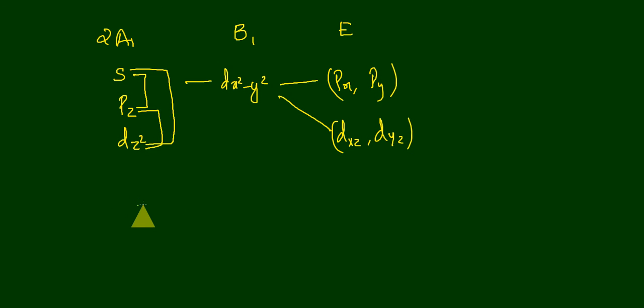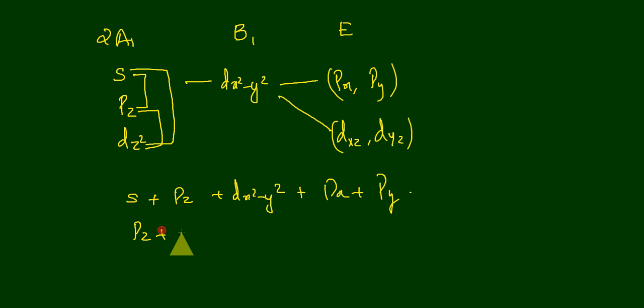So the possibilities are s plus pz plus dx square minus y square plus px plus py. This is one set, okay. Next set possible is pz plus dz square plus dx square minus y square plus px plus py.